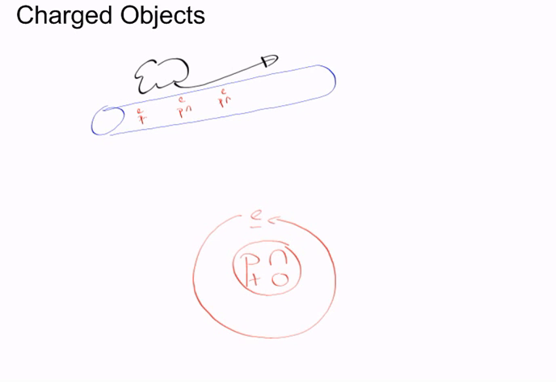Now, if we rub this wool along, it actually picks up the electrons and moves them into here. Okay, so this actually picks up lots of electrons, and we get left with lots of protons by themselves.